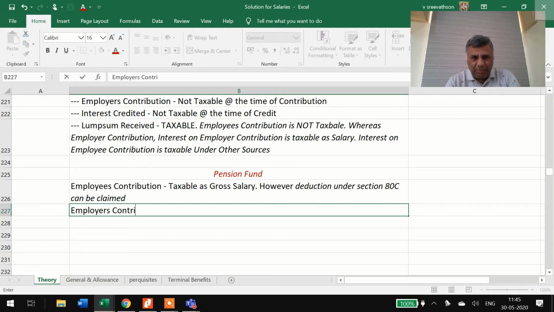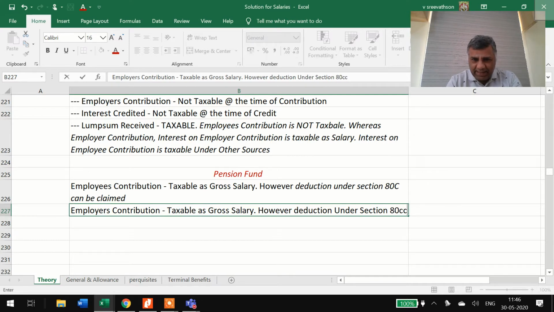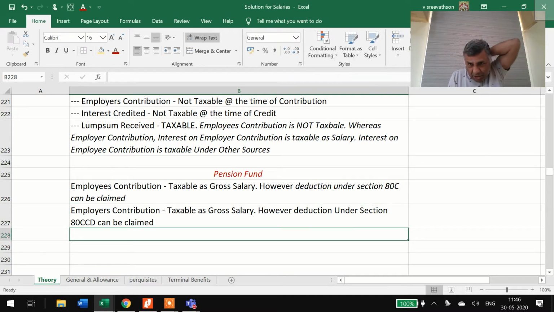Employer's contribution, taxable as gross salary. However, deduction under section 80CCD can be claimed.